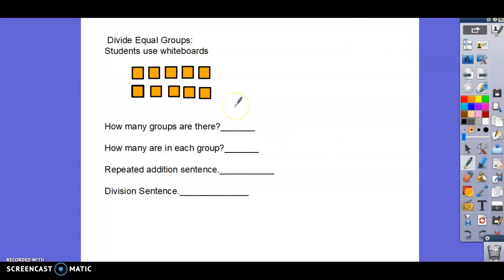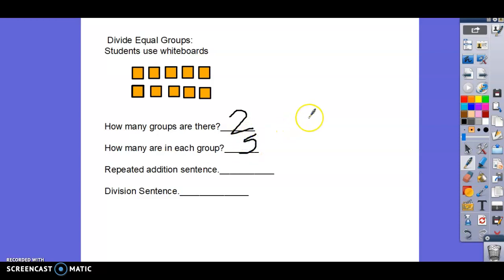Good. I have 2 groups, so I'm going to write a 2 here. Now, think in your head for private reasoning time. How many are in each group? Zion? Yes, there are 5 in each group.